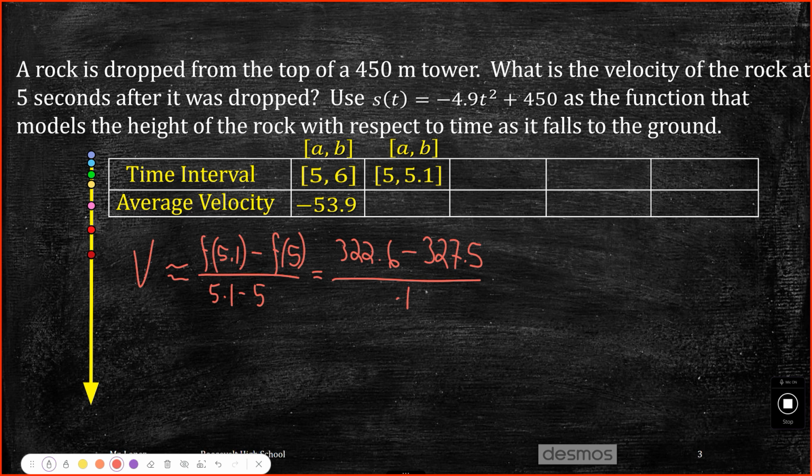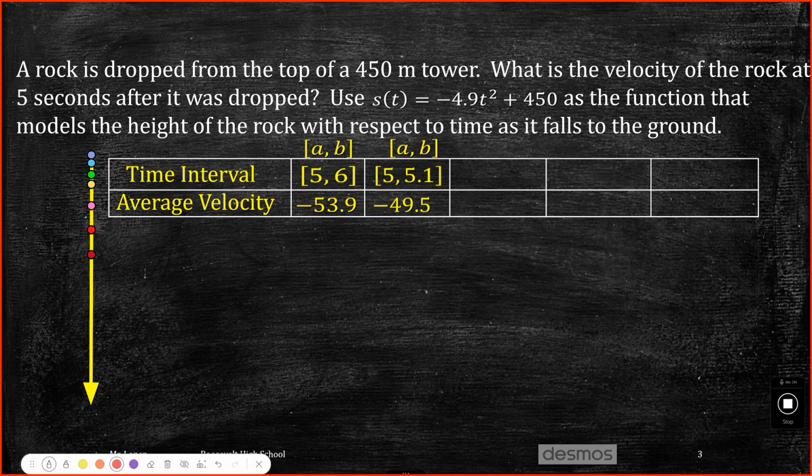So what are you guys getting? So let's see. Anyways, so negative 49.5, and it's going to start approaching some velocity. So I'm going to go 5 to 5.05. I'm going to do the same thing again.